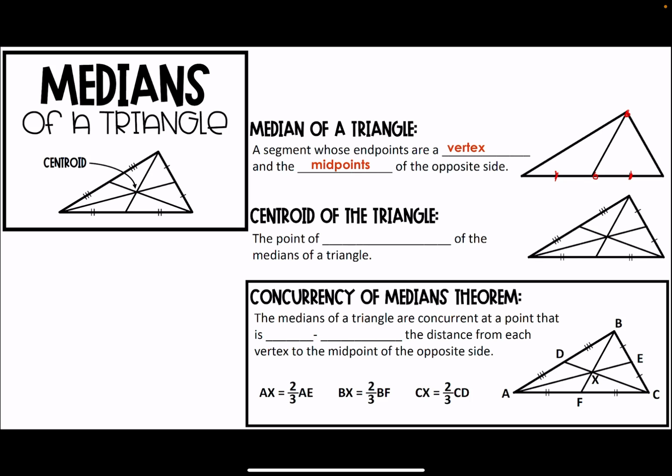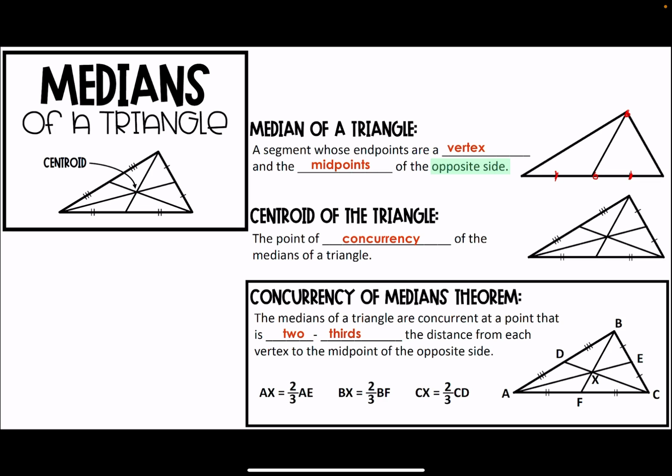The centroid of the triangle is the point of concurrency of the medians of the triangle. So nothing funny happened out of this, but your concurrency theorem does get you that the distance from the vertex to the point of concurrency, your centroid, is 2/3 of the entire length.